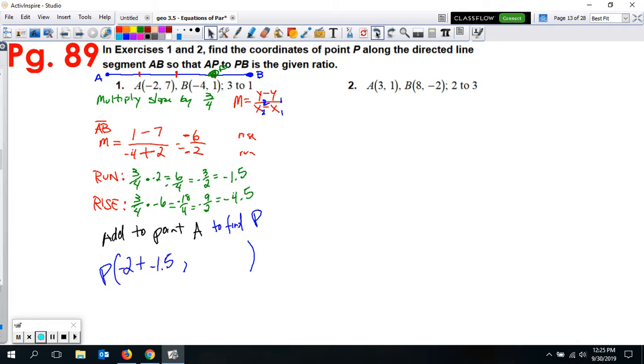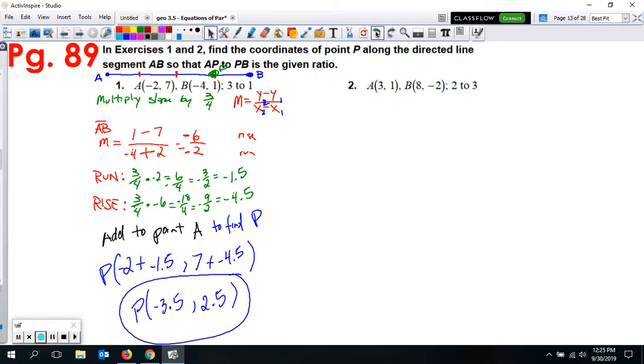That ends up being, we'll see what that is in a minute. And then we're also going to do the rise here, the 7 plus negative 4.5. So that gives us a point of negative 3.5, comma 2.5.